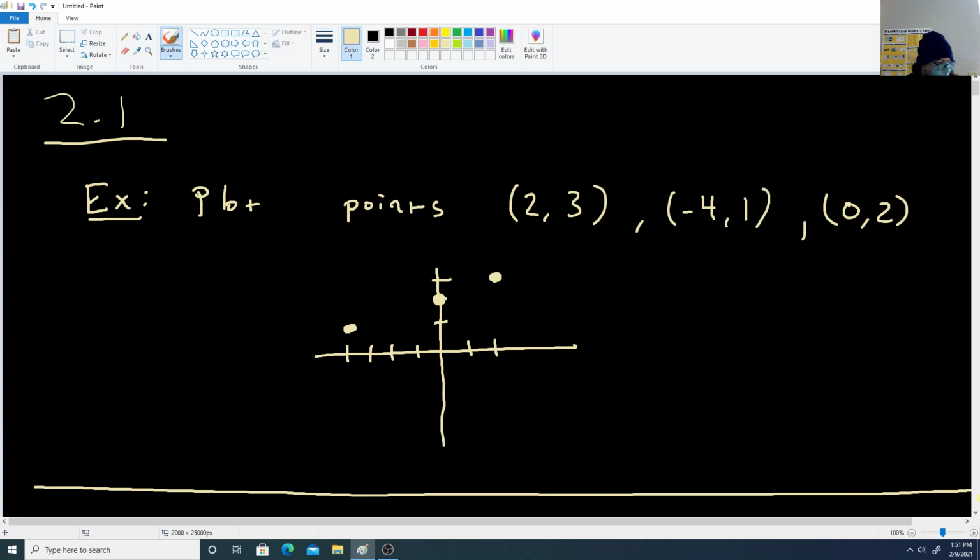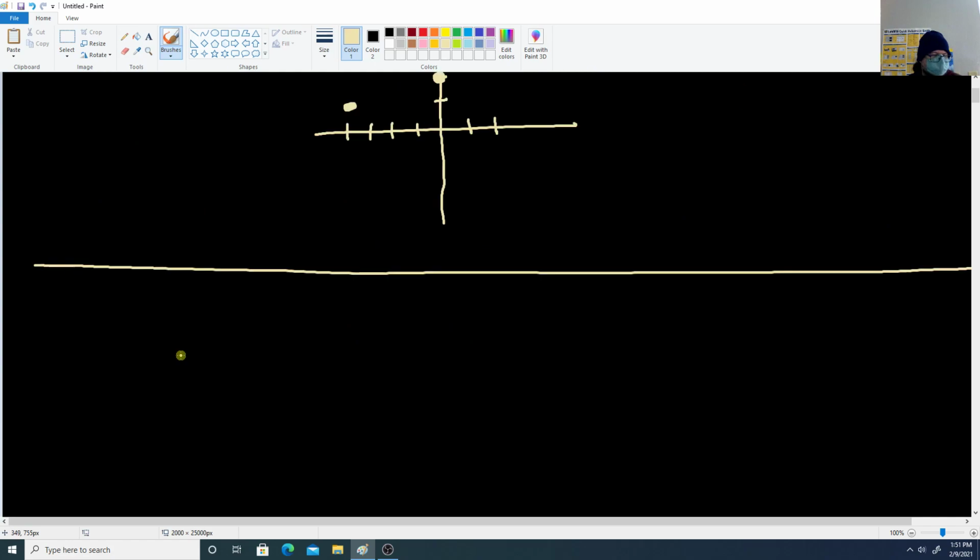We're going to be focusing mainly in this section on the distance formula and midpoint formula.